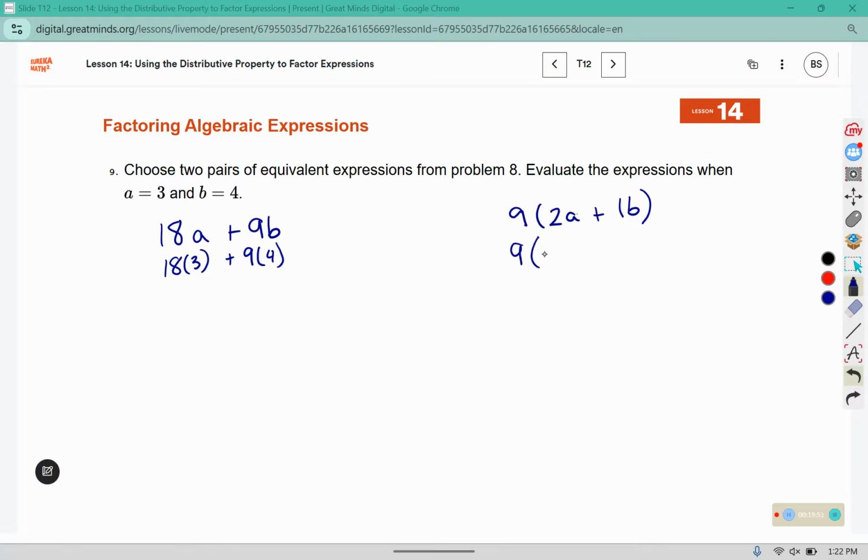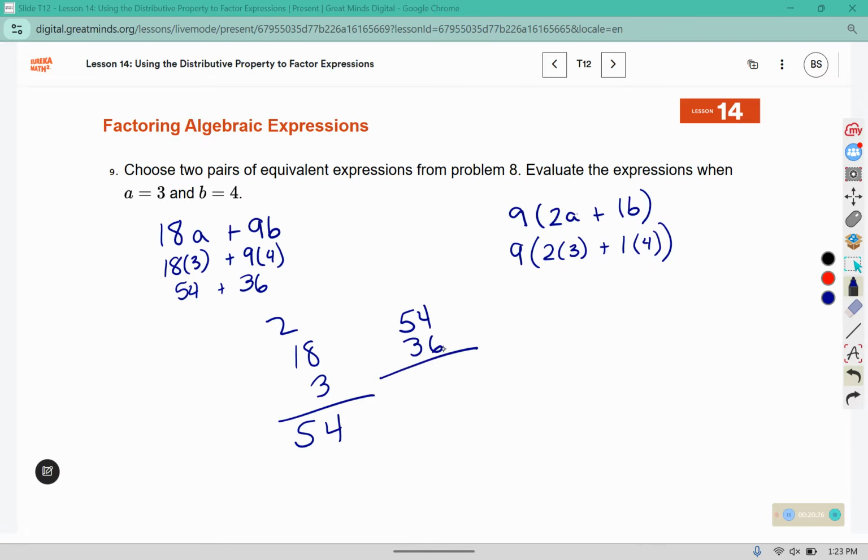So over here we'll do the same thing. 18 times 3. 3 times 8 is 24. 3 times 1 is 3, plus 2 more makes 54. And 9 times 4 is 36. So if I add 54 and 36 together, that would give me 90.